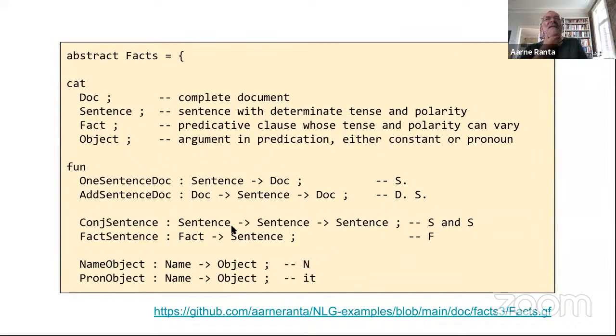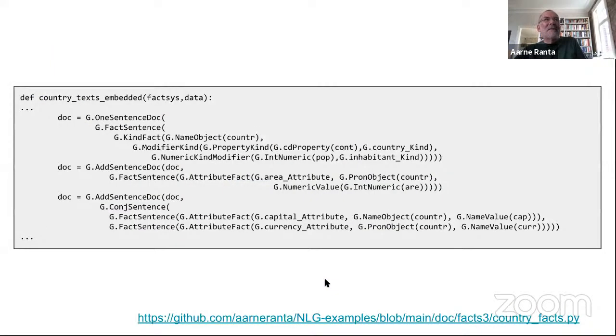I didn't show the other aggregation yet, but you will see it at least in the code. Then there are two ways of building an object from a name. It's either the name itself or the pronoun from the name. This is how you build the embedded tree of the country texts.